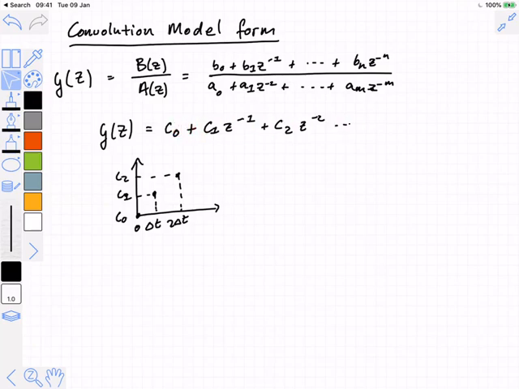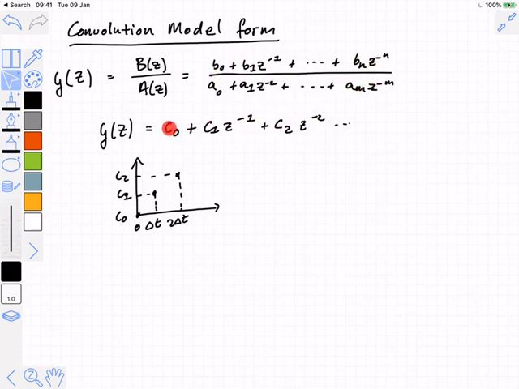But seen a different way, we can see that these coefficients form a single list of coefficients. Instead of having a rational function like this, we now have a single list of coefficients which we can actually numerically convolve with an input signal in order to obtain the output of that system that would result from inputting that signal into the system.